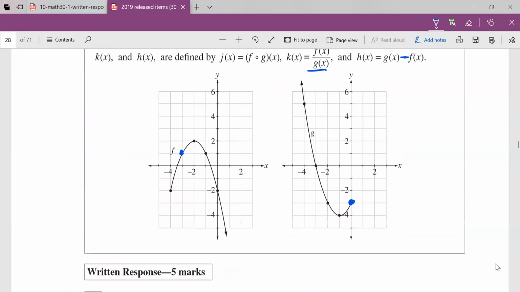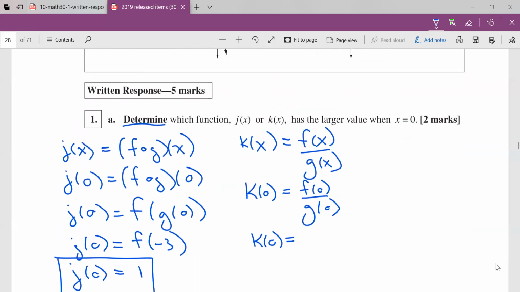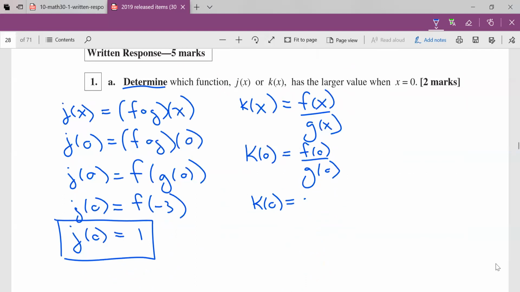So f at 0 is -2. G at 0, we've already found, is -3. So we divide these two things here. And of course, that leaves us with +2/3.